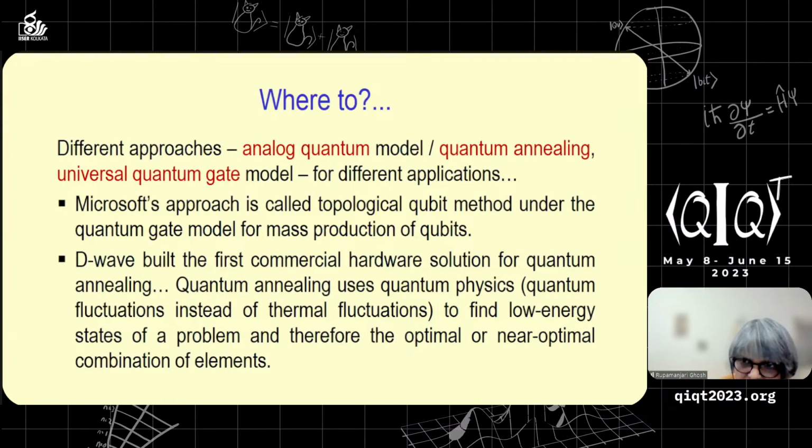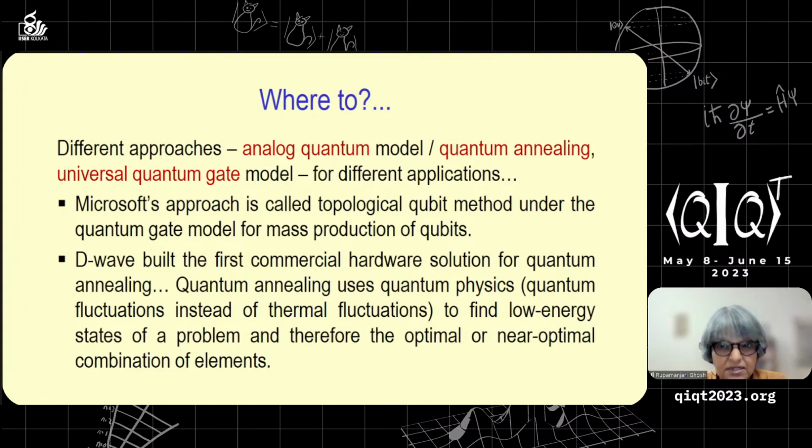And D-Wave Systems, I'm going to mention them, is a startup that built the first commercial hardware solution for quantum annealing. Now, quantum annealing is something you can read up, in the Nature paper that just came out. It uses quantum physics, that is quantum fluctuations instead of thermal fluctuations, to optimize low energy states of a problem, and therefore find the optimal or near optimal combination of elements.